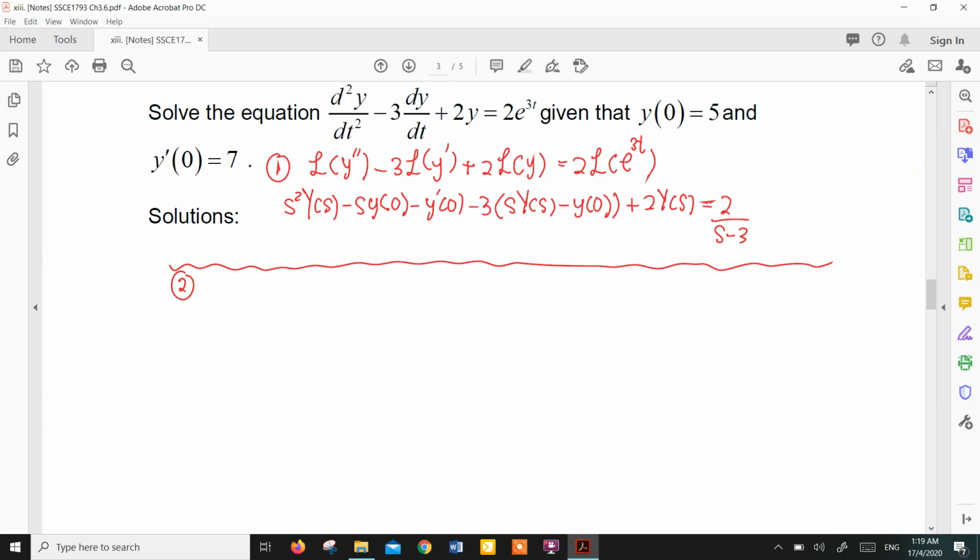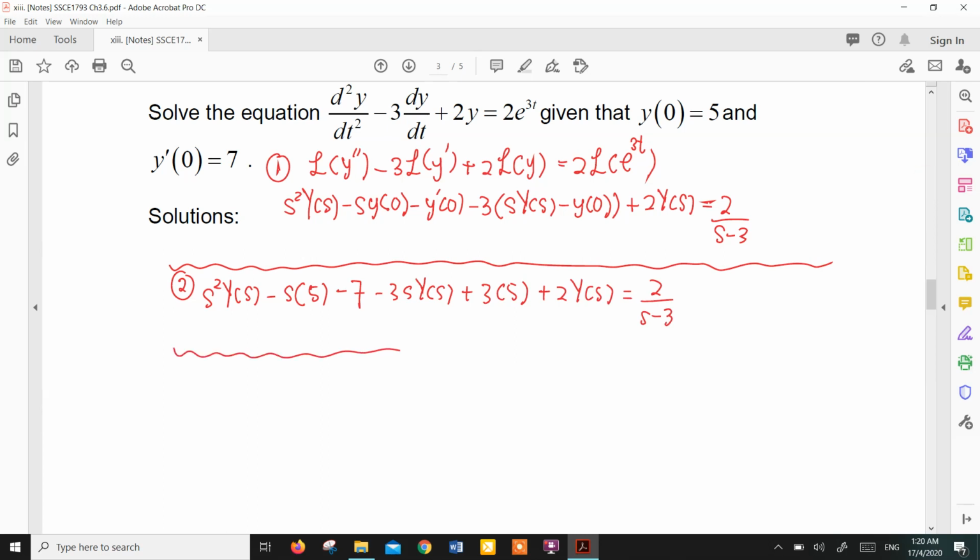So from your equation here, s squared Y(s) minus s times y(0), which is 5, minus y prime (0), which is 7, minus 3 s Y(s) plus 3 y(0), which is 5, plus 2 Y(s) equals 2 over s minus 3. Okay, you already substitute.